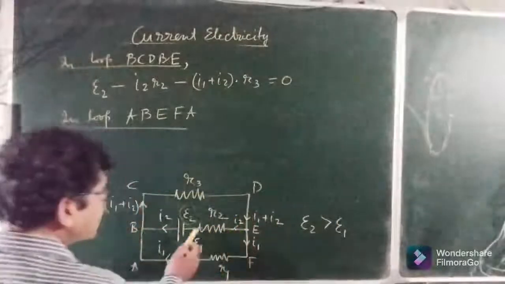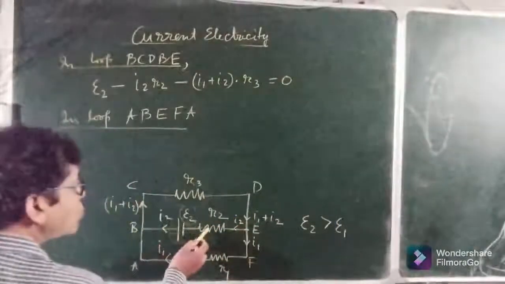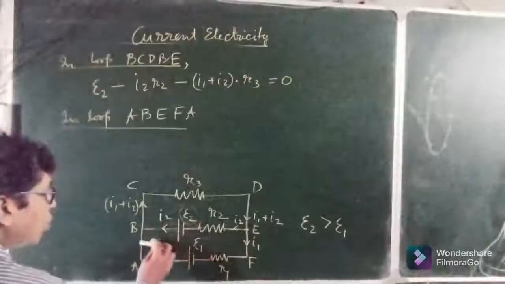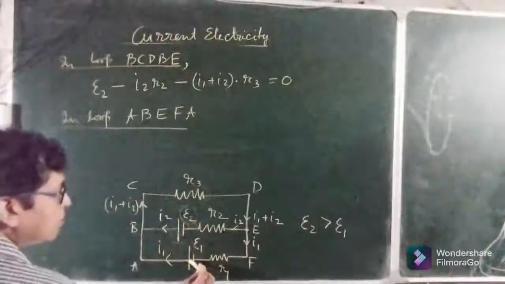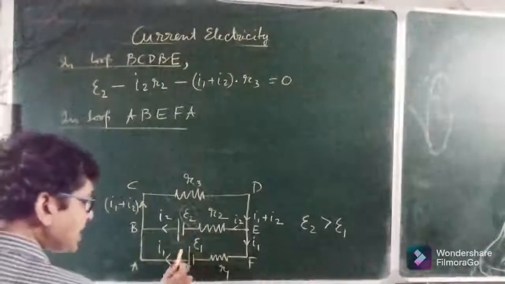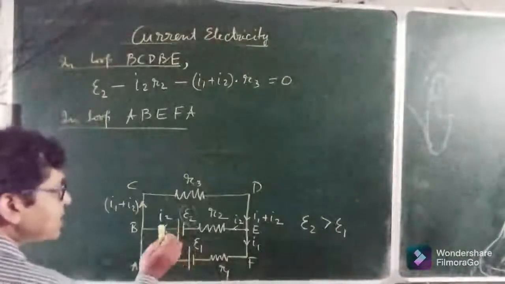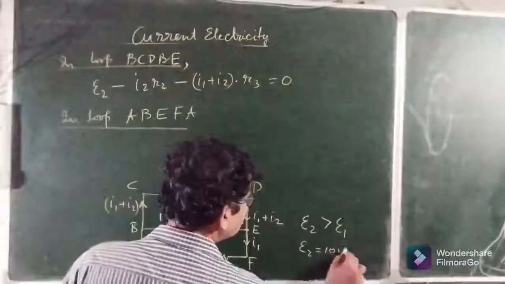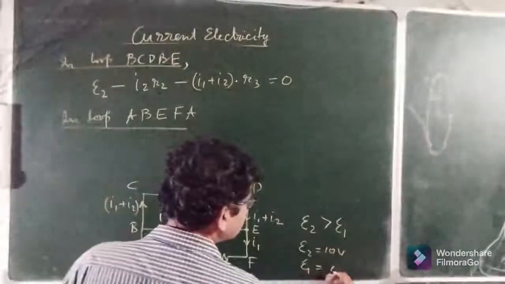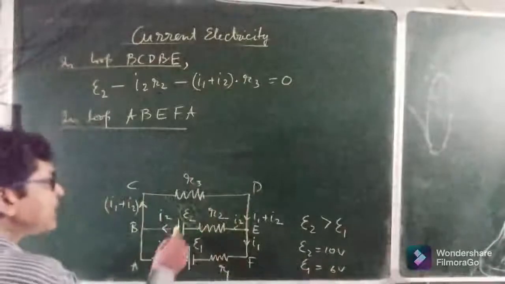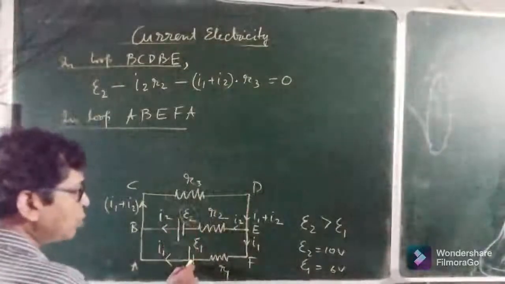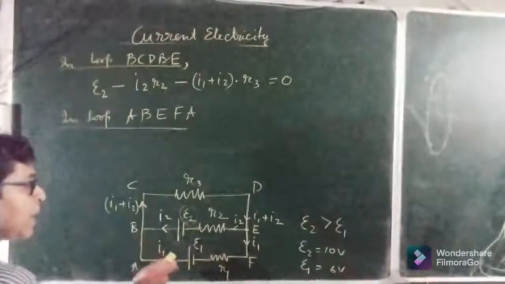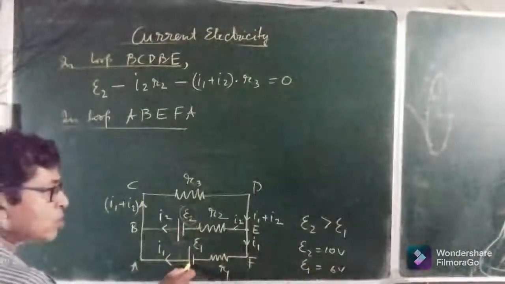When this happens, the current provided by E2 will dominate I1 provided by E1. Suppose E2 is 10 volt and E1 is 6 volt. Since it is 10 volt and 6 volt, the current provided by this source will be greater than the current provided by this source.